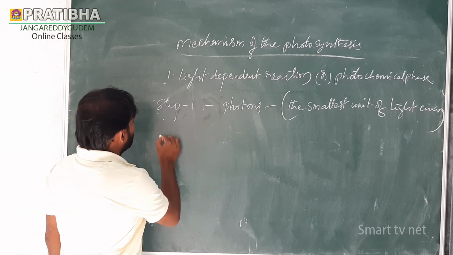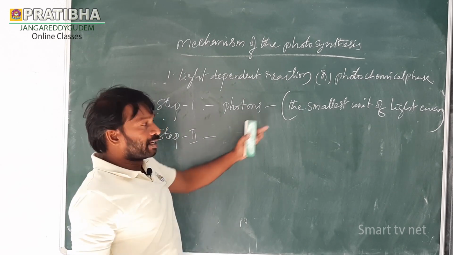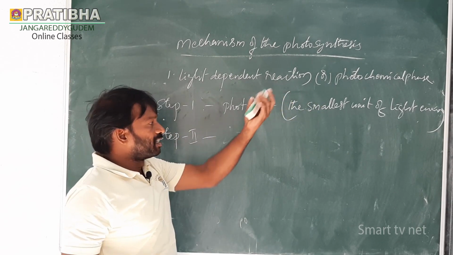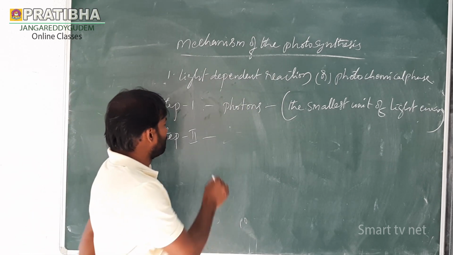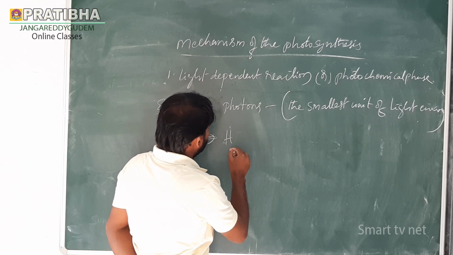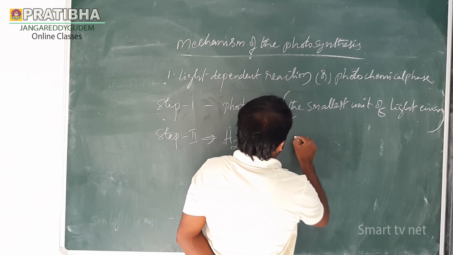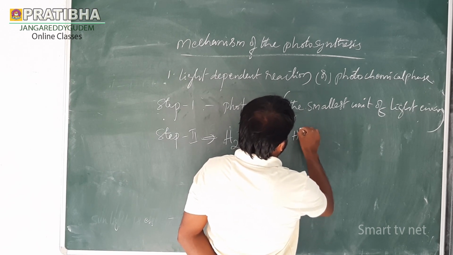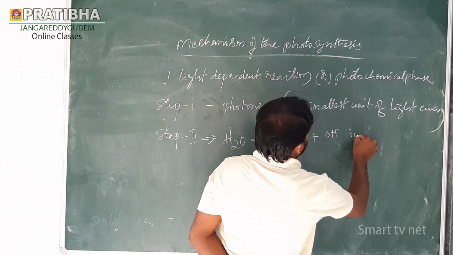Step 2: the energy trapped by the activated chlorophyll is used for splitting of water molecules. I will show it by equation: H2O gives rise to hydrogen plus hydroxyl ions.